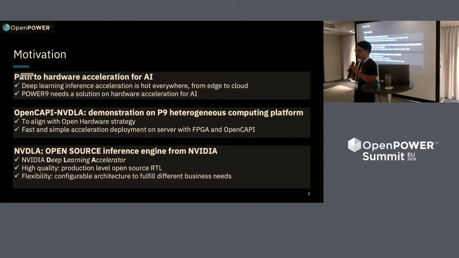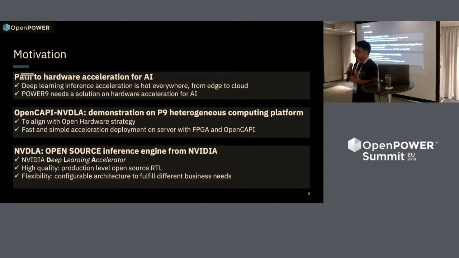It is exactly the same RTL code, without any modification, without any compromise, given to the community. So it's a very high quality, industrial level, production level open source project.